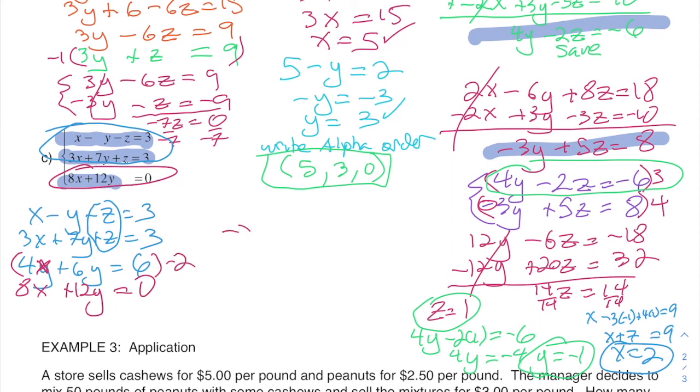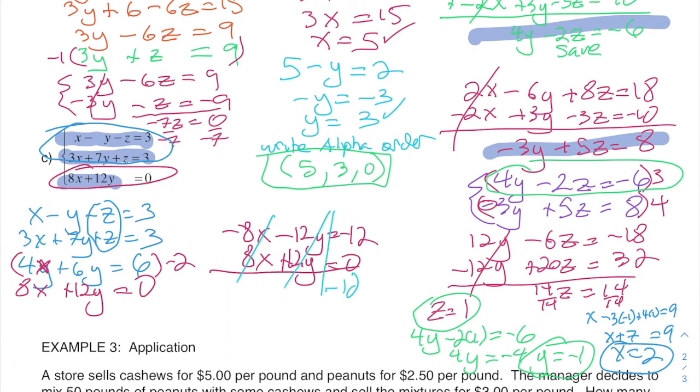So I get negative 8x minus 12y is equal to negative 12. 8x plus 12y is equal to 0. And look at this. 0, 0, negative 12. So I get 0 is equal to negative 12, which tells me there's no solution. Inconsistent system.